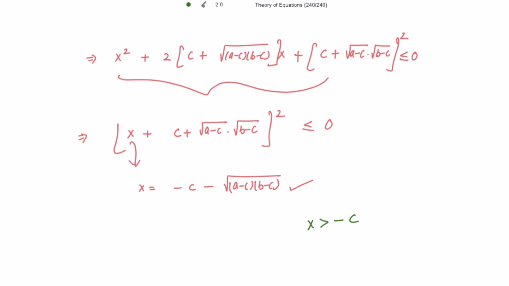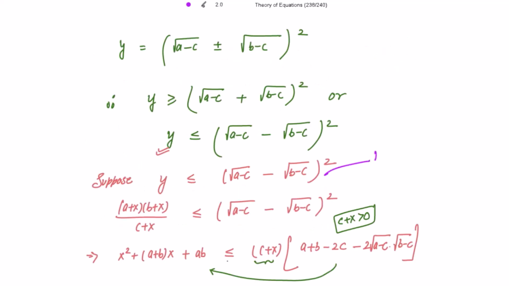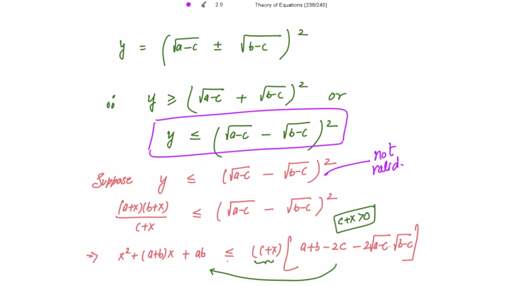It cannot be possible. So this contradicts our assumption that x is greater than negative c, right? That means this option is not valid, which means the other is the valid option.